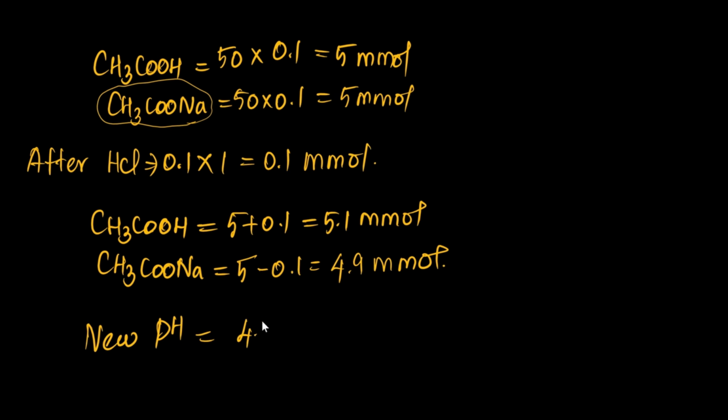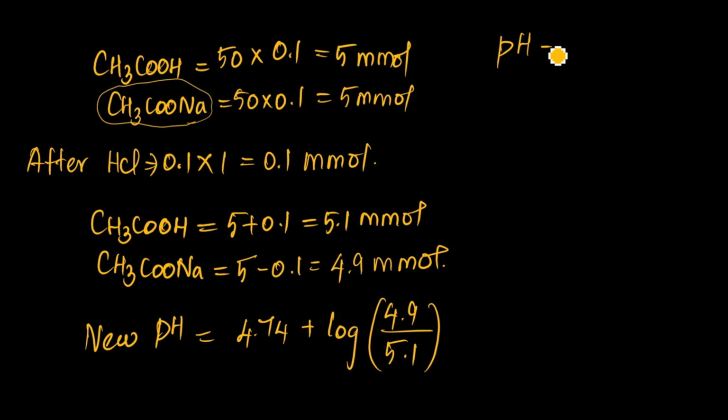Now let's find out the new pH. That is equal to 4.74 plus log of 4.9 by 5.1, which is approximately 0.96. So the new pH will be equal to 4.74 minus, after taking the log value of 0.96, that is 0.0174, that becomes 4.72.